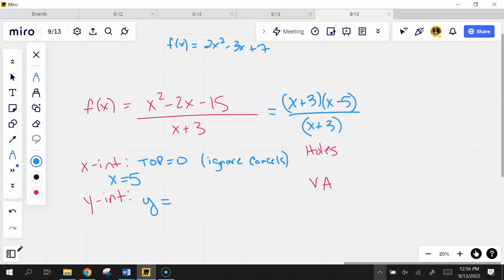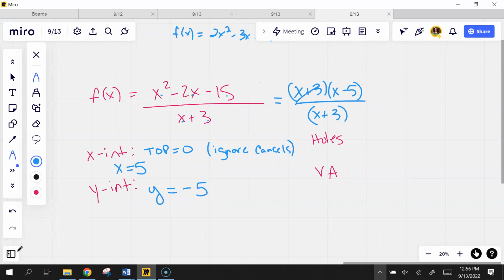X equals 0 for the Y-intercept, Y equals 0 for the X-intercept. Okay? So what is the Y-intercept here? -5. Right? 0, 0, -15, 0 plus 3. So -15 divided by 3 is -5. But that cancels, so ignore that canceled one and just look, x minus 5 equals 0.